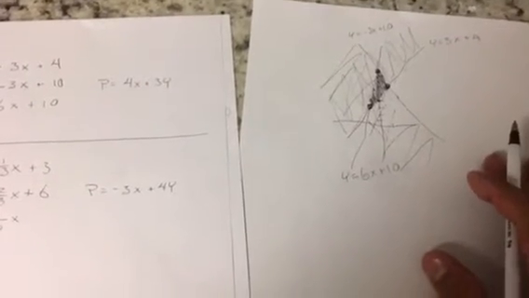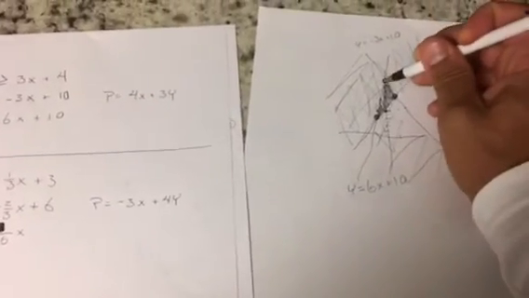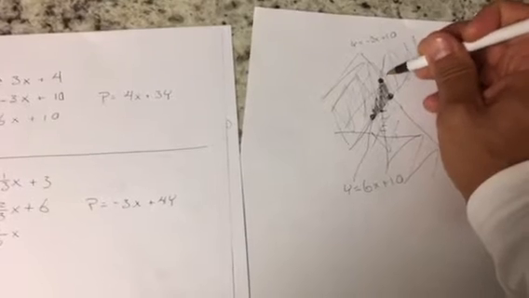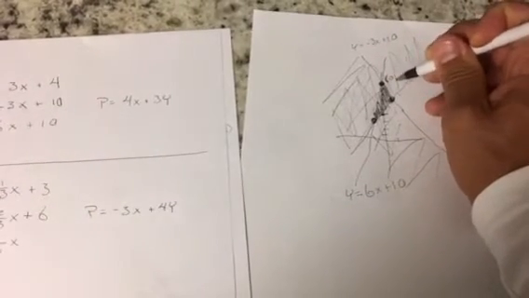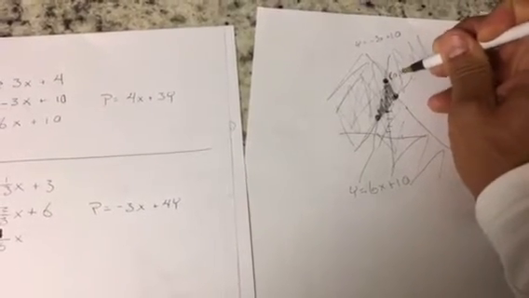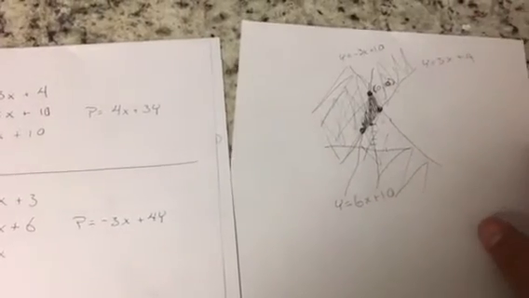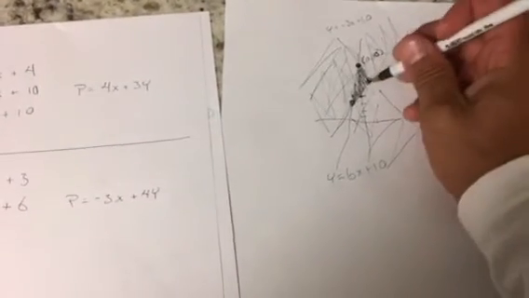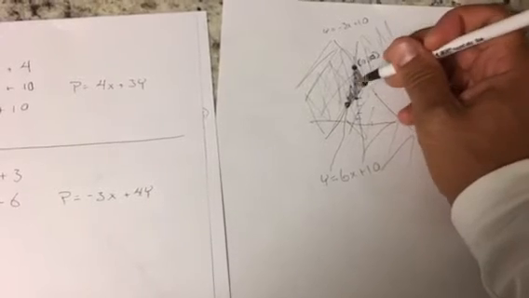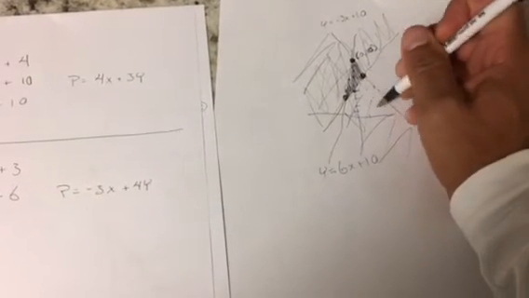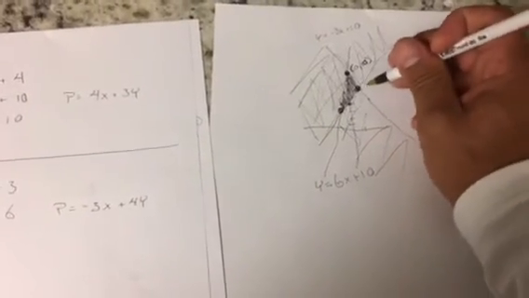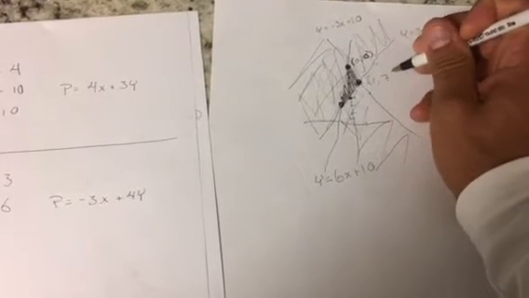So I'm looking for the points where they meet. This one's really obvious because they both have the same y-intercept. So that's a point at 0, 10. That one was easy. This one right here was also easy because it was exactly right from the movement when I did it. And it's at 1, 7.